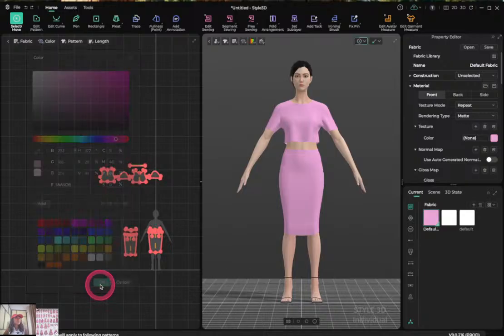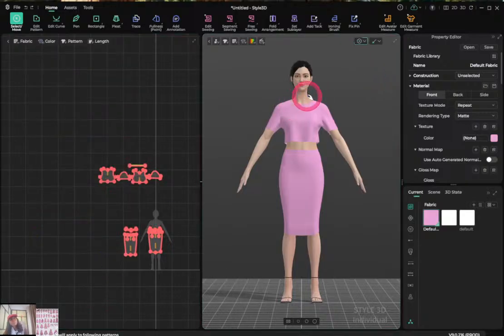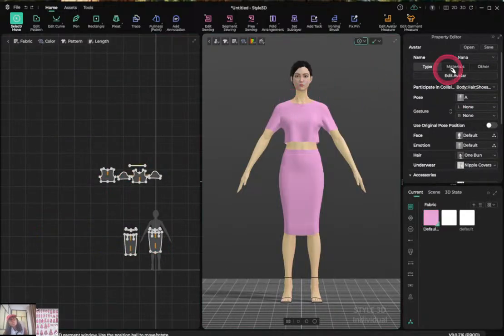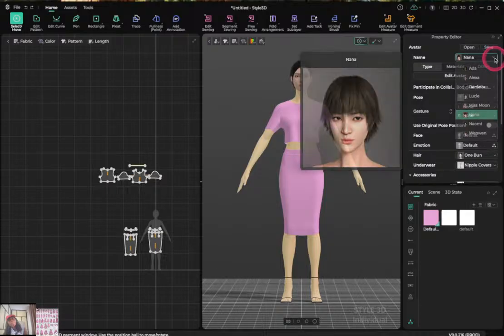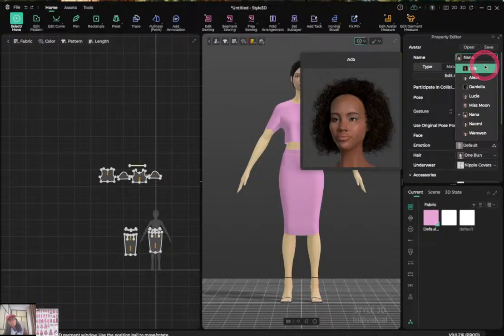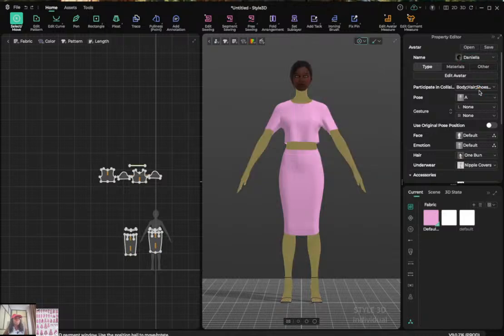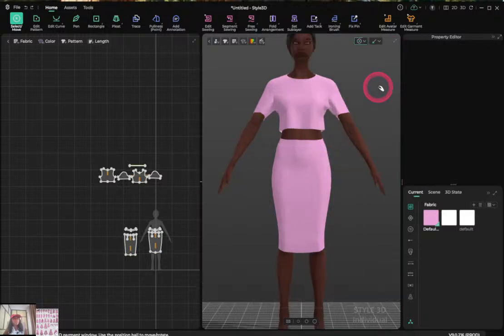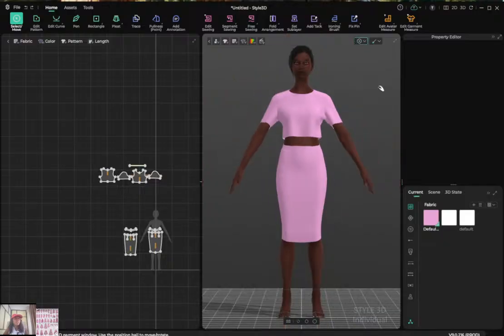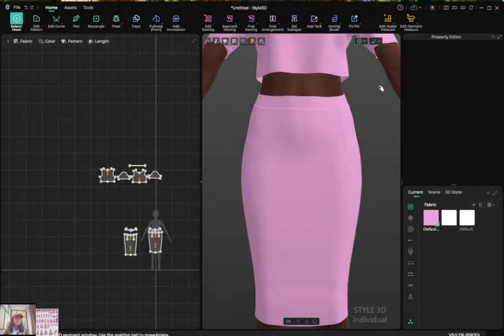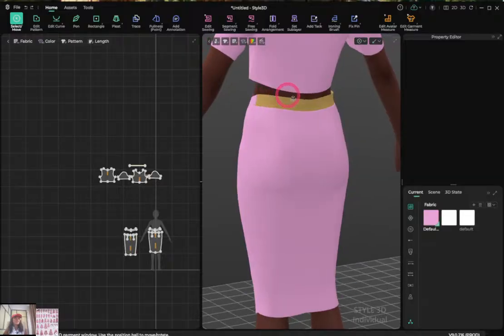Okay. And let me change the model to a different lady. Okay, now we have a contrast.